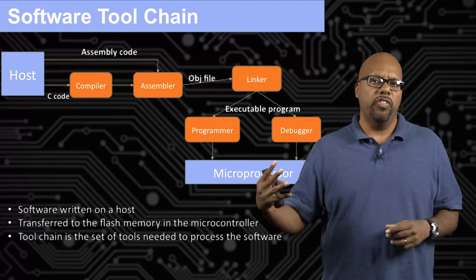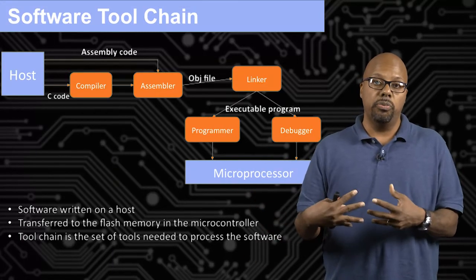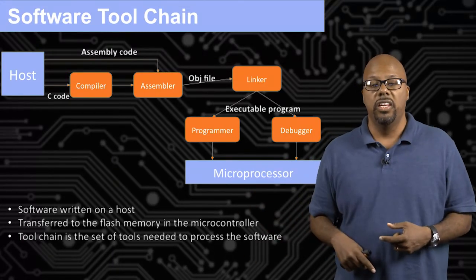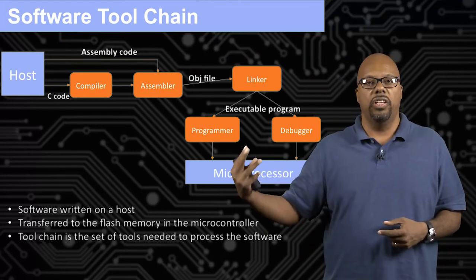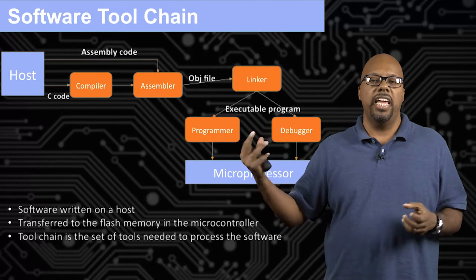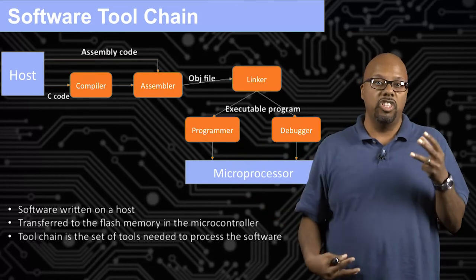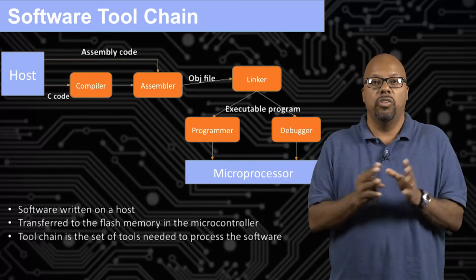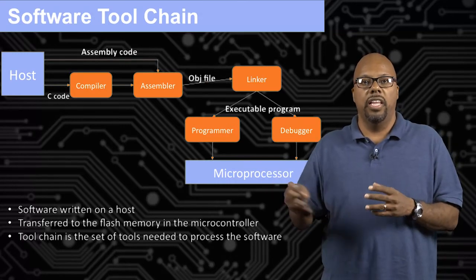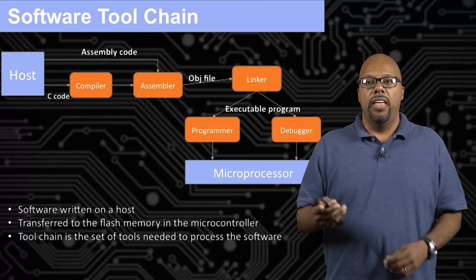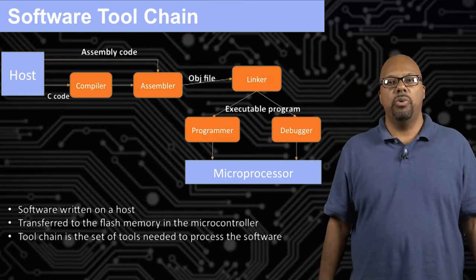So all those library functions have to get integrated into your program at some point, and that's what the linker does. The linker has access to all the libraries, and it takes the library's code and inserts it into your code at the appropriate places. It creates links between your code and the library code that you use. And then the output of the linker is going to be some executable program.